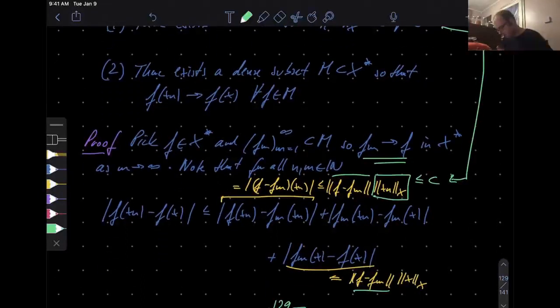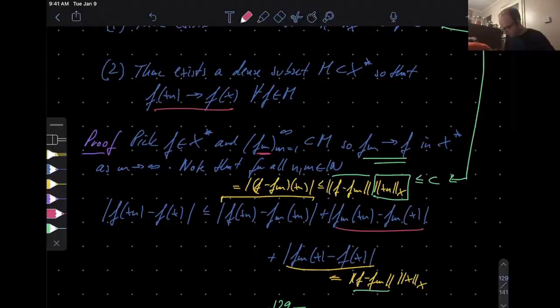So you have control over 2 out of the 3, and now of course you also have control over the second one, because you assume weak convergence up here on the dense subset, right? And that's precisely what you use here, because the fm's are from M, and you have weak convergence here, right?